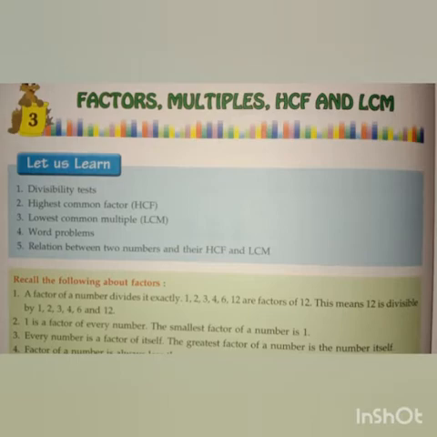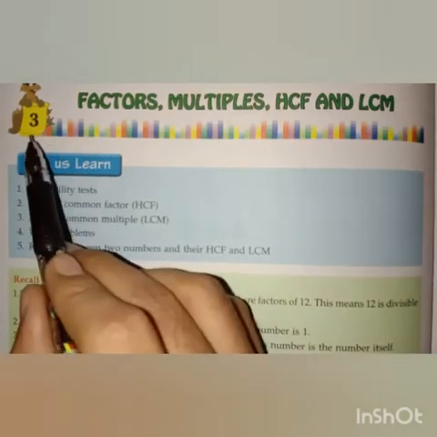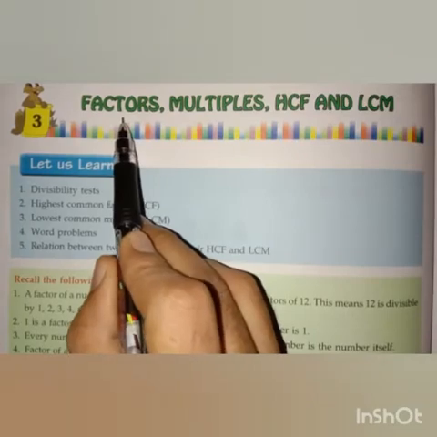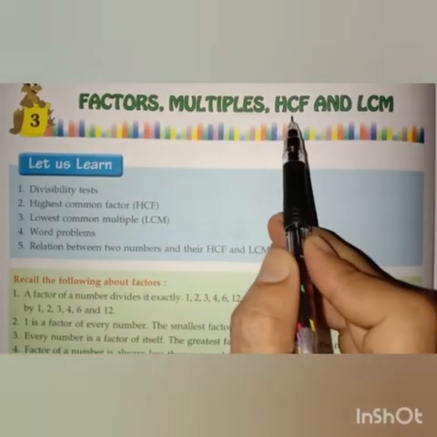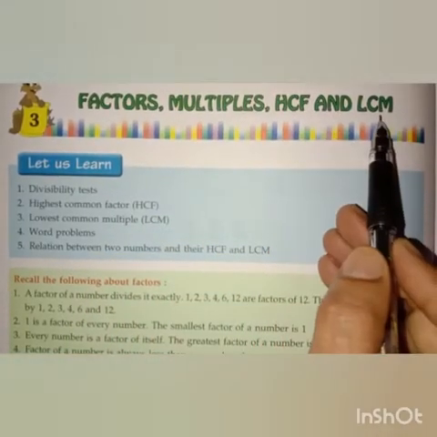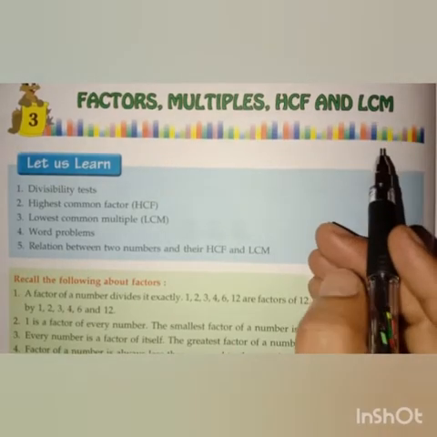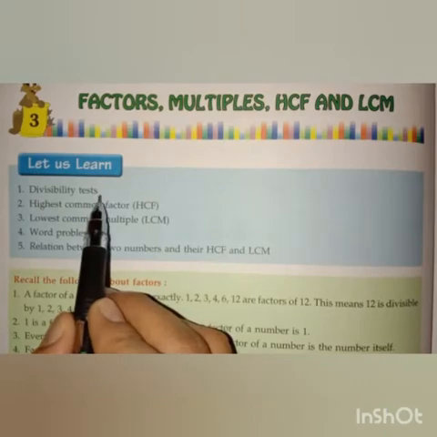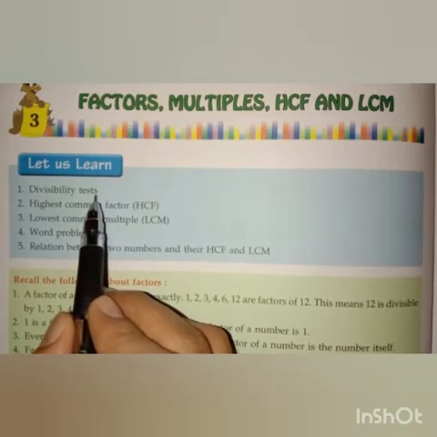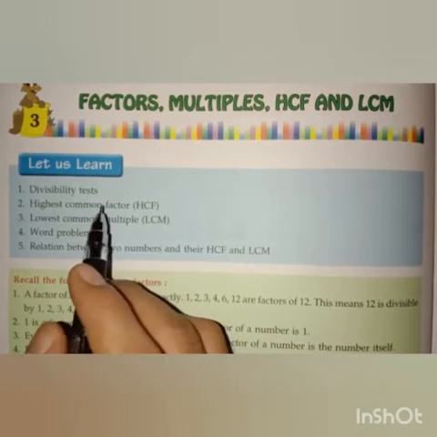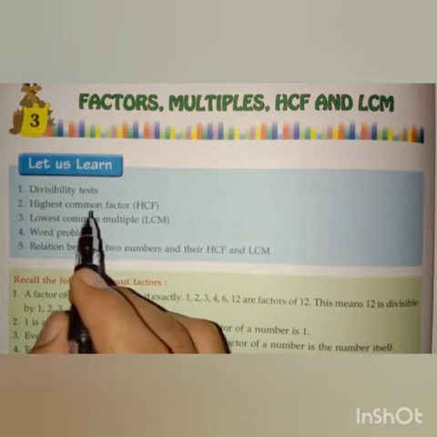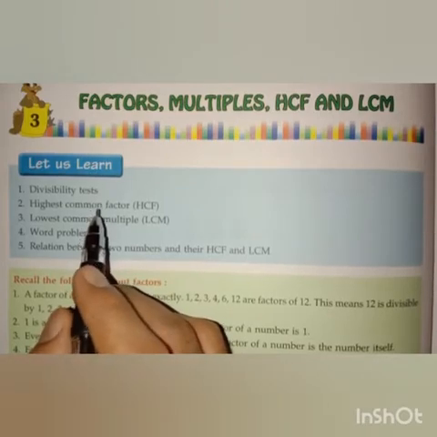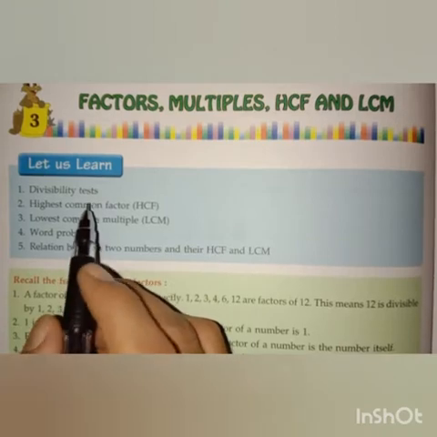Now in this session we are going to start chapter number 3, that is factors, multiples, HCF and LCM. In this chapter you are going to learn divisibility tests. Divisibility tests of 2, 3, 4, 5, 6, 7, 8, 9, 10, 11, 12, up to 12 we are going to learn.